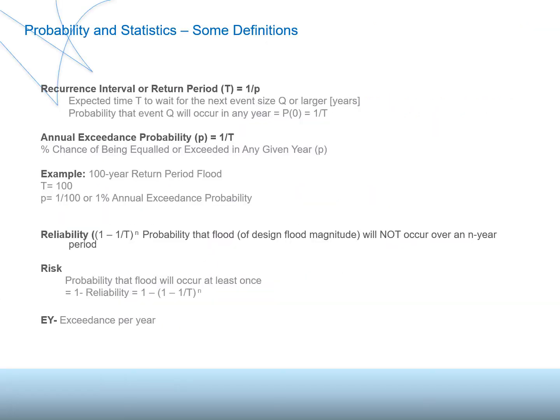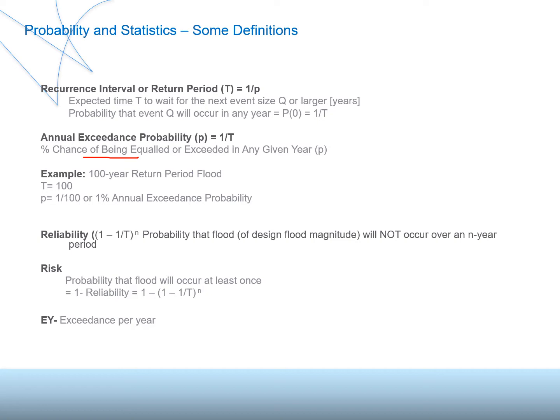Recurrence interval or return period and the annual exceedance probability P are linked together. The annual exceedance probability is the percentage chance of being equaled or exceeded in any given year.